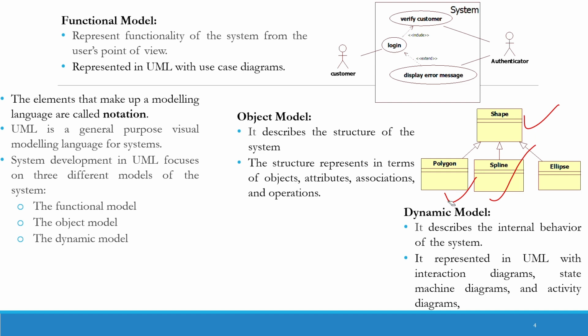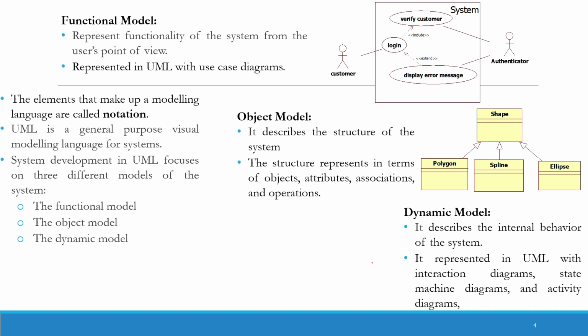The other model that we have in UML is the dynamic model. The dynamic model will represent the behavioral aspects of the system. The system will have various behaviors, and this behavior can be represented by the dynamic model.